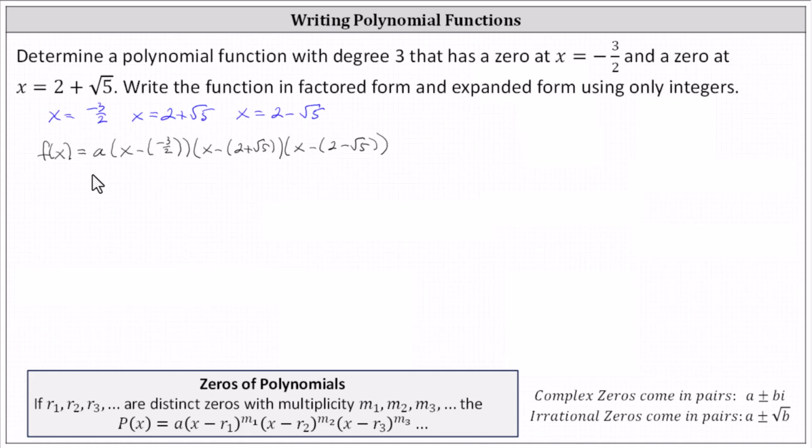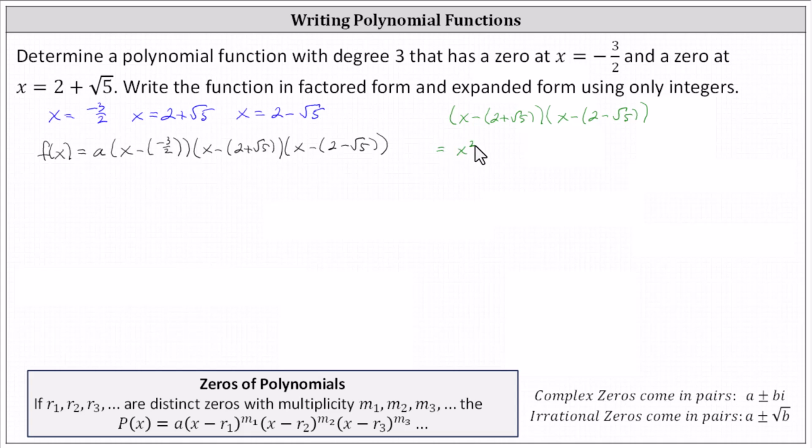For the next step, though, to express the factored form using integers, we need to multiply these last two factors. Let's work this out on the side. We have x minus the quantity 2 plus square root 5 times x minus the quantity 2 minus square root 5. Multiplying, we have x times x, which is x squared.